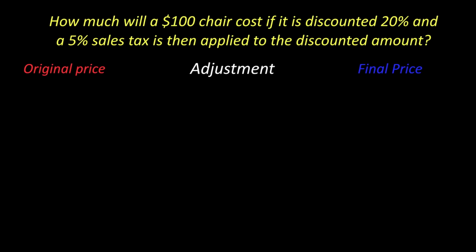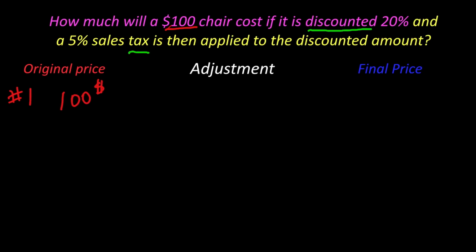This is a two-step problem. Namely, the first part deals with the discount, and the second part deals with a tax. Again, first part is a discount, second part is a tax. So, quite simply, we're going to do this in two steps. In step one, we have a $100 original price.